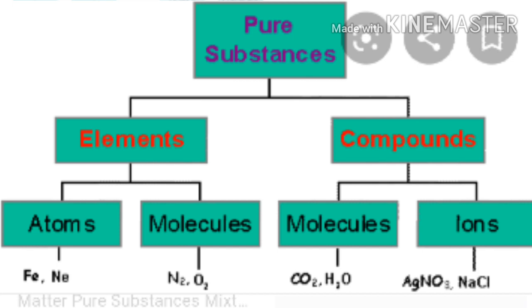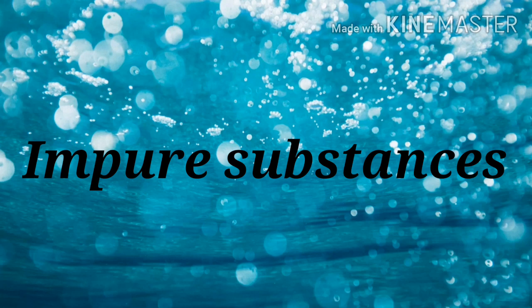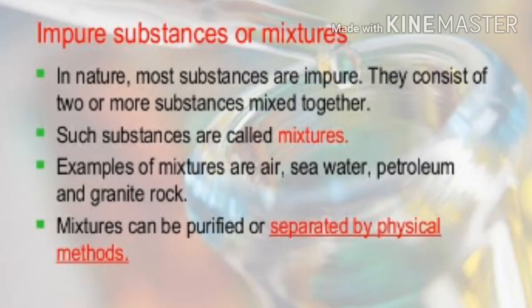Next one is impure substances. A mixture is one which contains two or more different kinds of particles, here in the form of atoms or molecules.